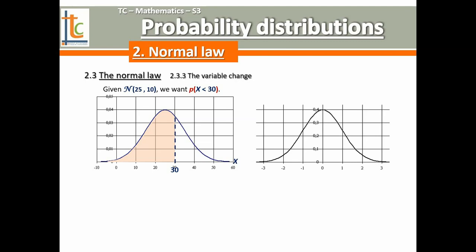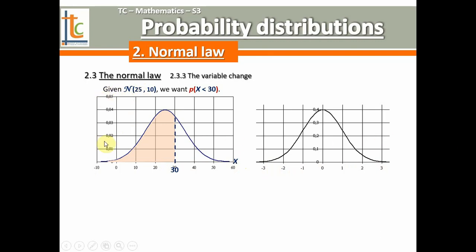So in the standard normal distribution with 0 at the center as the average value, and with 1 as the standard deviation, we are just seeing that the scale of the horizontal axis changed in comparison with the scale of x, our variable.